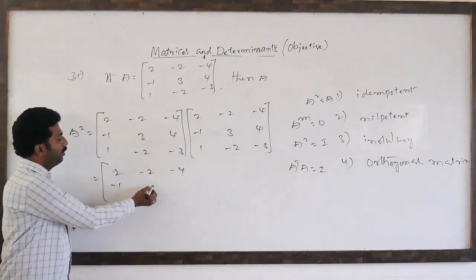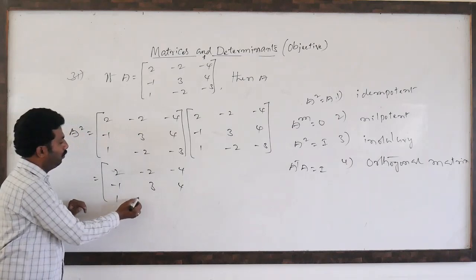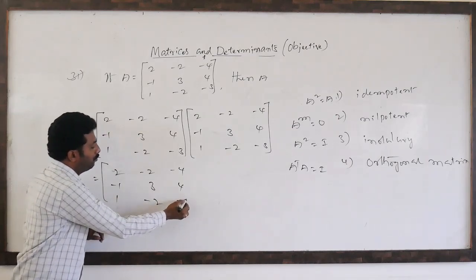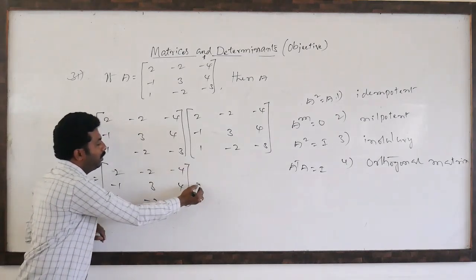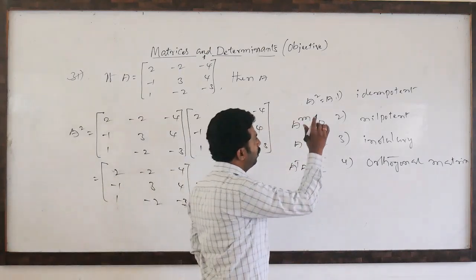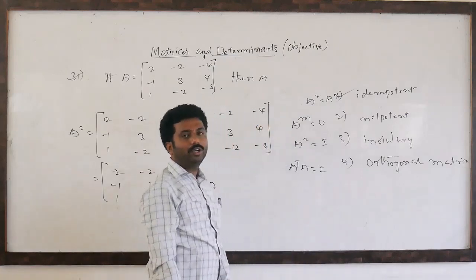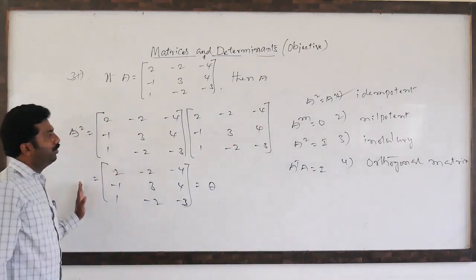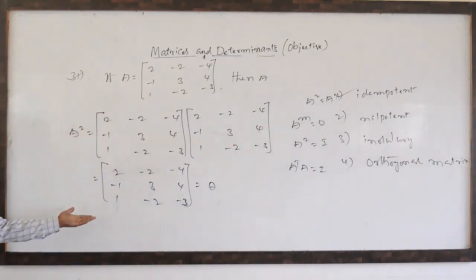So clearly we get minus 1 3 4, 1 minus 2 minus 3. Again we got A only. So if A square equals A, it is an idempotent matrix. So in the first option itself we got the answer.